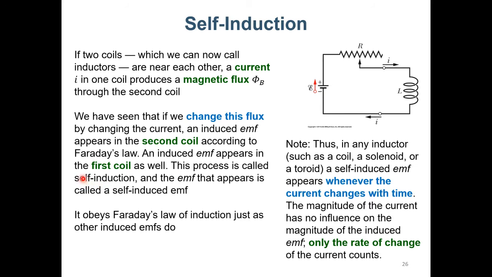Let me mention a little bit more, because as long as you have two coils, you have one and another one. Suppose there is some current going into the loop, and of course this one will generate magnetic field.